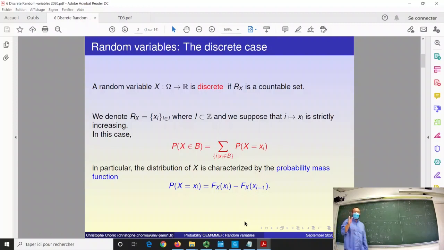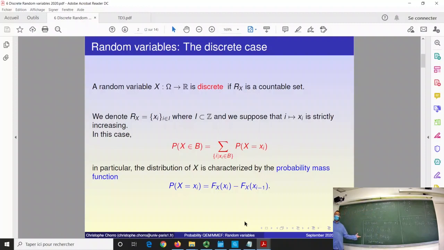Because my set of possible values is just 1, 2, 3, ..., x minus 1, x, and so on. And so the probability of this one is equal to the sum of these probabilities, from which I deduce this one. So you can know how to recover the probability mass function from the distribution function in the discrete case, or have in mind that it is not a complicated result that you can recover in one line. Writing this one implies this one here, because you have a disjoint union here, so the probability of this one is the sum of these probabilities.